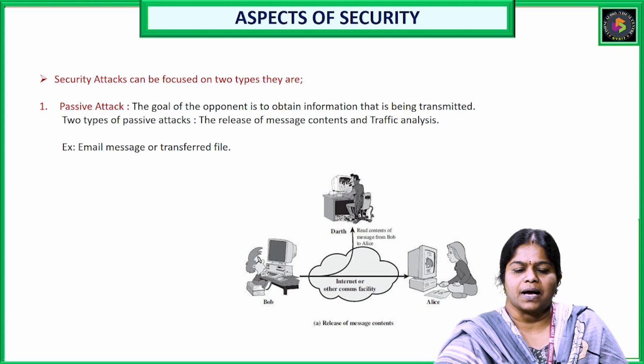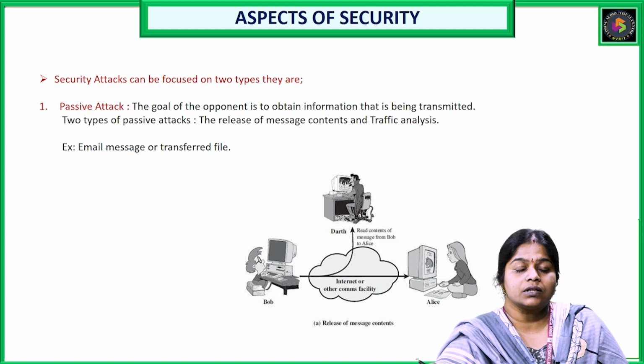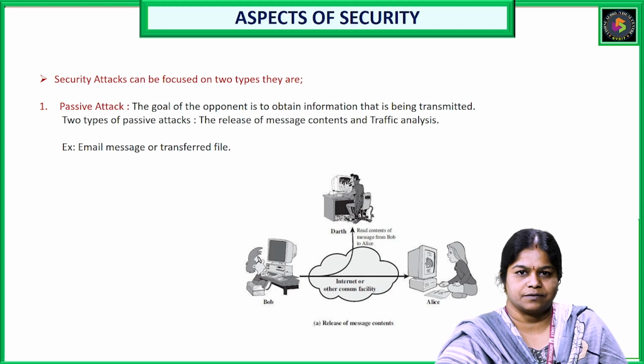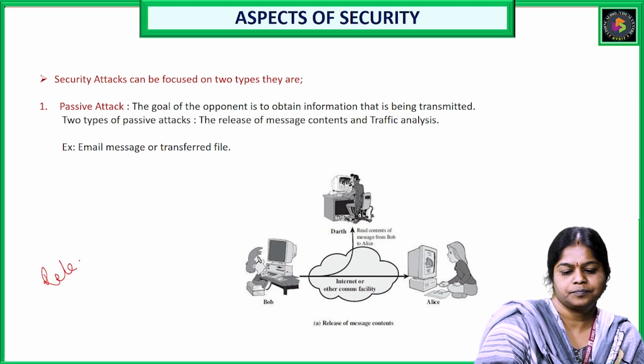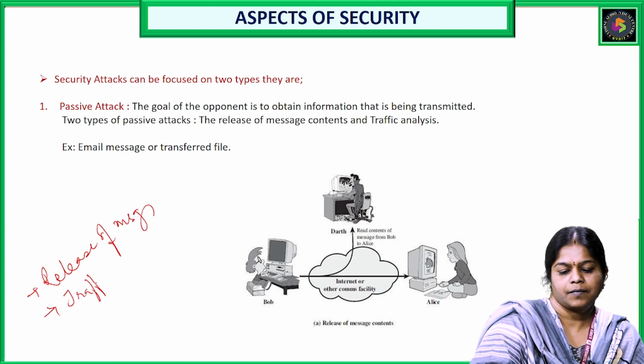Coming to passive attacks, these are the attacks where the entity or the opponent will just take the information which has been transmitted from one node to the other node. For example, here we have two types of passive attacks. The first one is release of message, and the other one is traffic analysis.